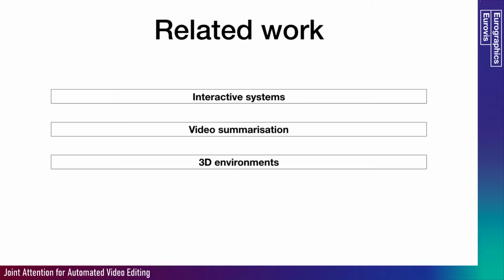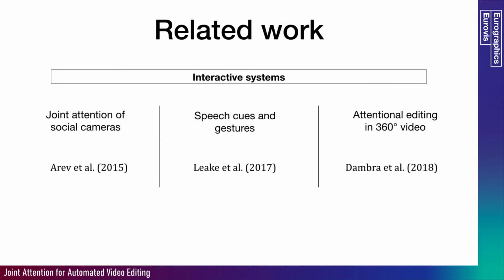There's a wide expanse of literature concerning automated editing, so here I will just touch on those that incorporate models of indices of human attention. So in terms of interactive systems, human attention or joint attention has already been used for smart camera switching and for introducing cuts into 360 videos. For example, on social cameras, cameras on mobile devices use the camera orientation to determine the focus of the person operating the camera.